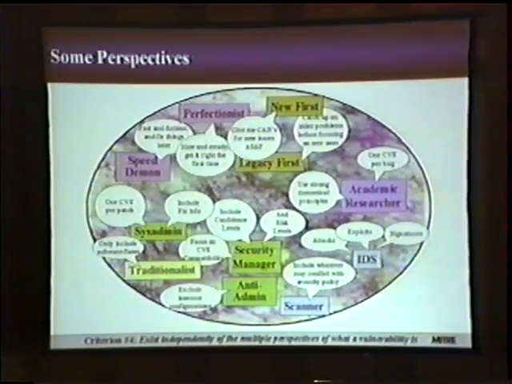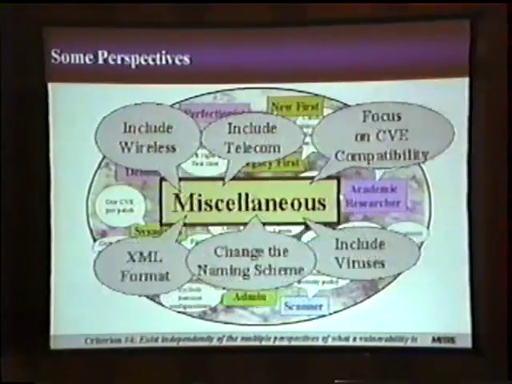Scanners see things and they care a lot about not only vulnerabilities, but other aspects of your network, which are other situations that might conflict with your security policy within your enterprise. On the other hand, IDSs care about attacks, exploits, signatures. They don't really think in terms of vulnerabilities. It's really in terms of what the attacks are.